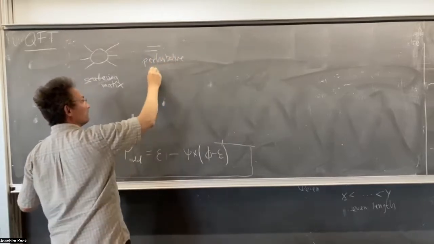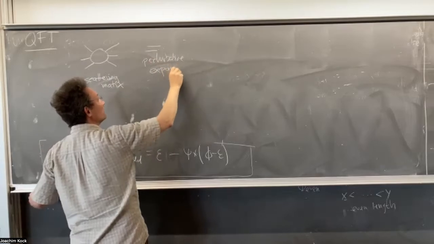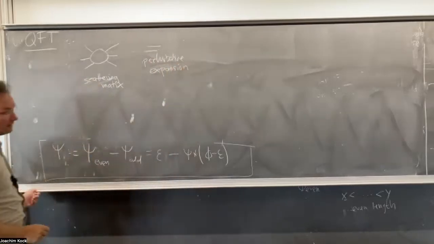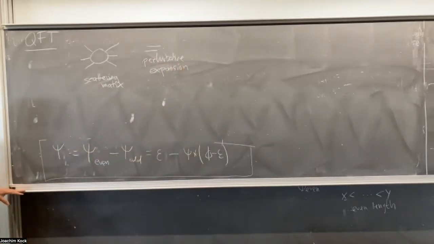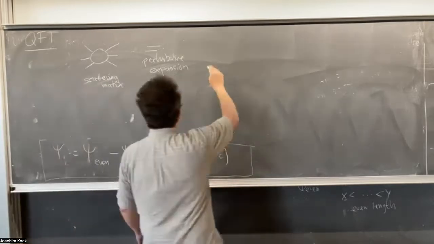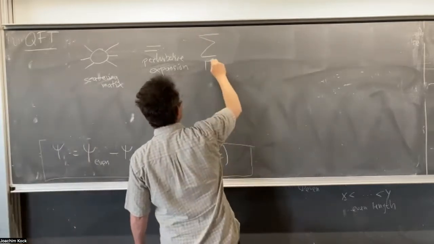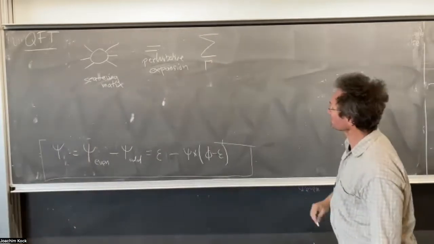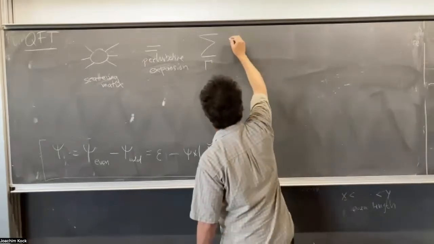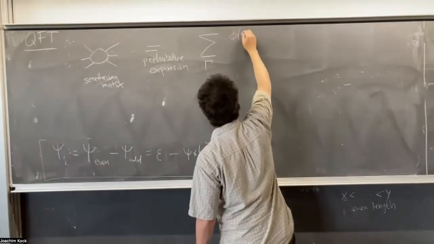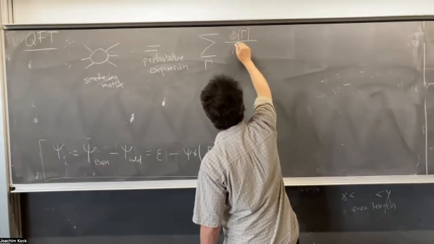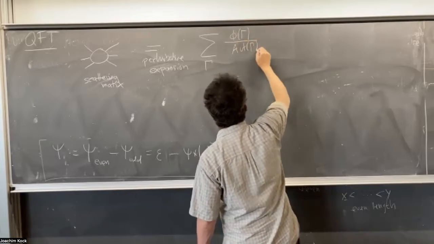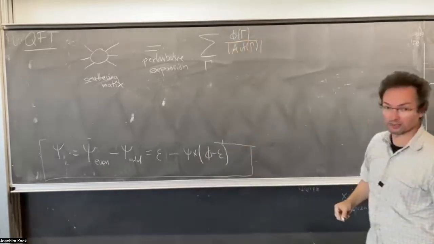And perturbative quantum field theory makes the following expansion. And that's the reason it becomes thoroughly combinatorial. Namely, you can expand this in a sum over all graphs. Then you have to put here the Feynman rules, and then you have to divide by the automorphisms of the graph.